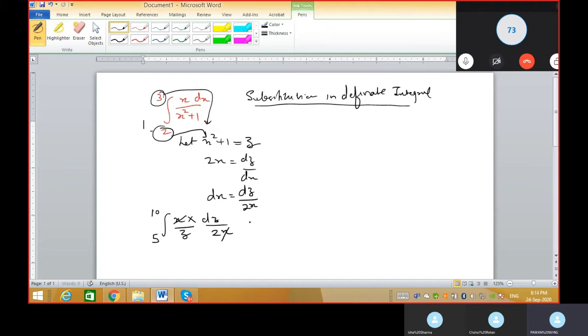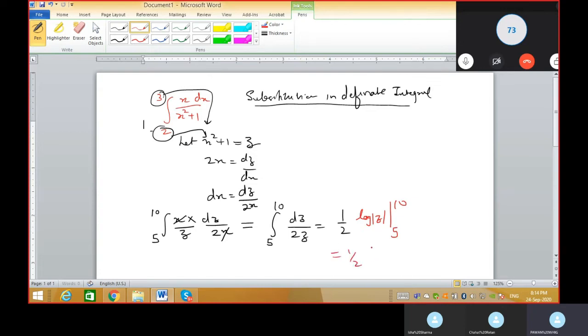So now your question is getting changed to 5 to 10 and dz by 2z. Then you have to take the 1 by 2 outside, because this is a constant, and the integration of dz by z is very simple, that is log of z. So this is log of z, and then you have to substitute the values, this 5 and 10.